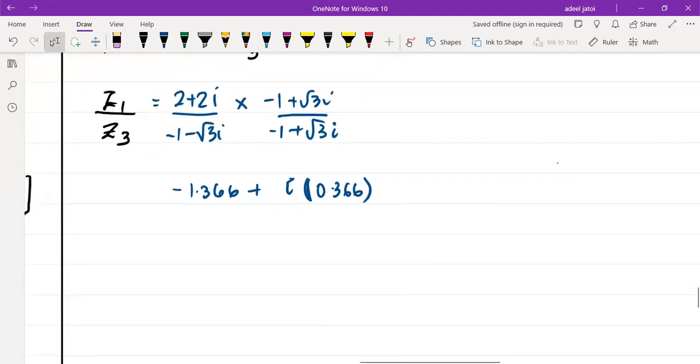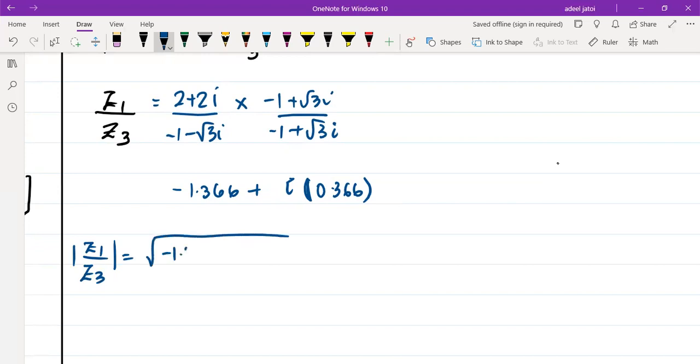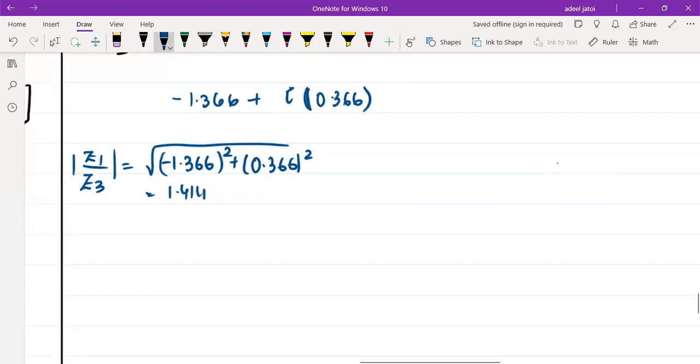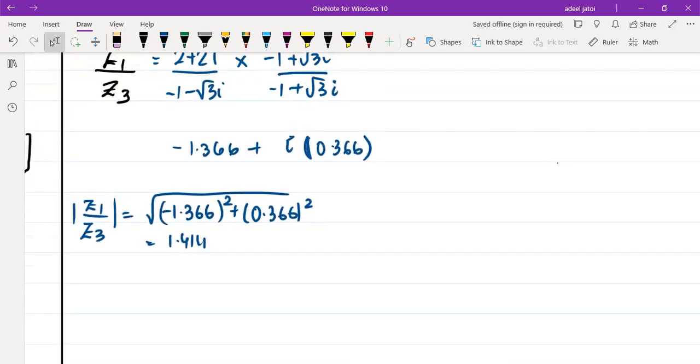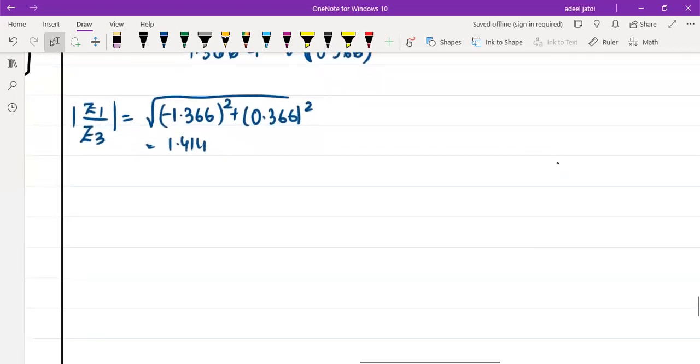Now moving on, if we find the modulus of z1 upon z3, it will be the square root of negative 1.366 whole square plus 0.366 whole square. We'll end up having 1.414. And we see that this comes under the second quadrant, and the second quadrant angle is always pi minus alpha.